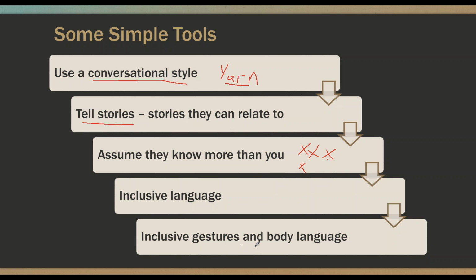And inclusive gestures and body language, the close gesture, the non-inclusive expression as opposed to the palms up, which is come on a journey with me. So what's your body saying about you? Are you using inclusive gestures? All of this is helping you build rapport. All of this is helping you connect with the audience.